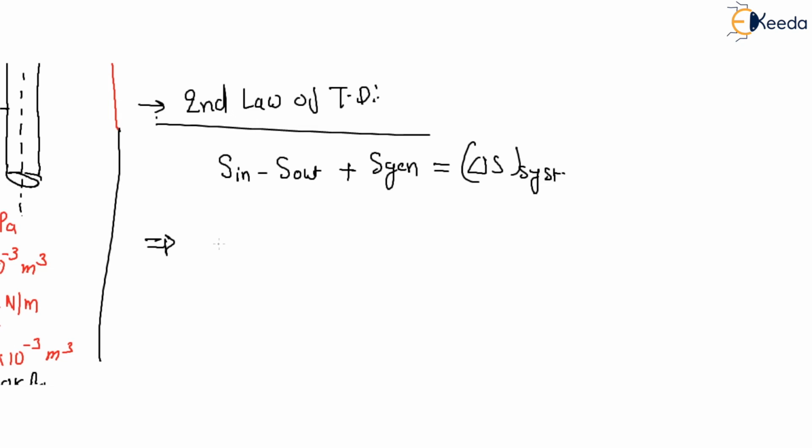Mass Mi times Si. This is your mass in. There is no exit, so that is 0, plus S generation. The system is M2 S2 minus M1 S1.